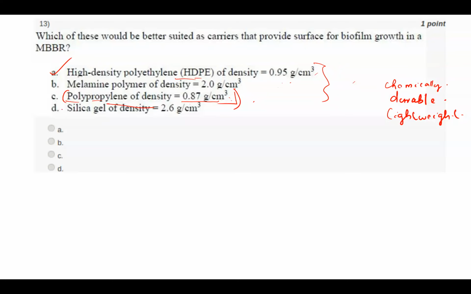Maybe it is due to the casting, like how easily it can be fabricated. The answer in the booklet is this one. I will refer to other things, especially polypropylene, and discuss this one.